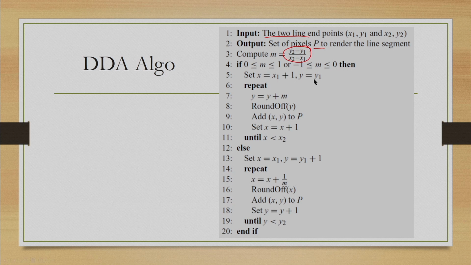Now, when m is within this range, we compute successive y values as shown here by adding m to the current y value, round it off to get the pixel and add the pixel to the set.